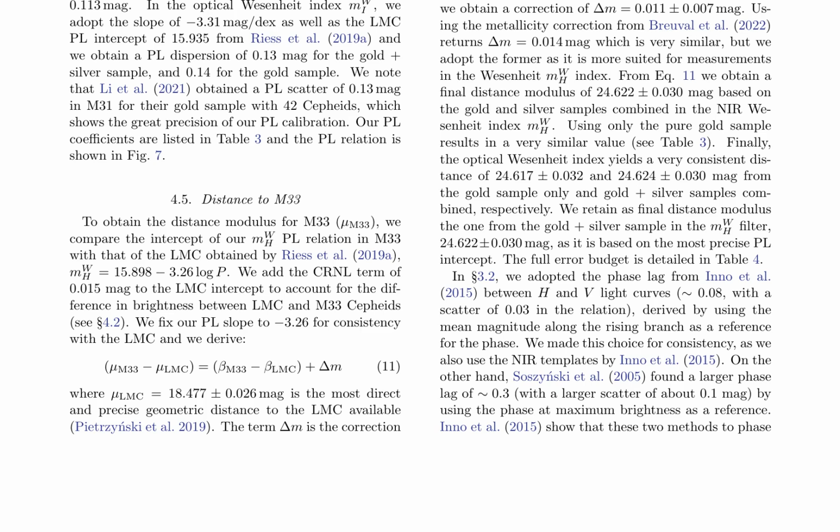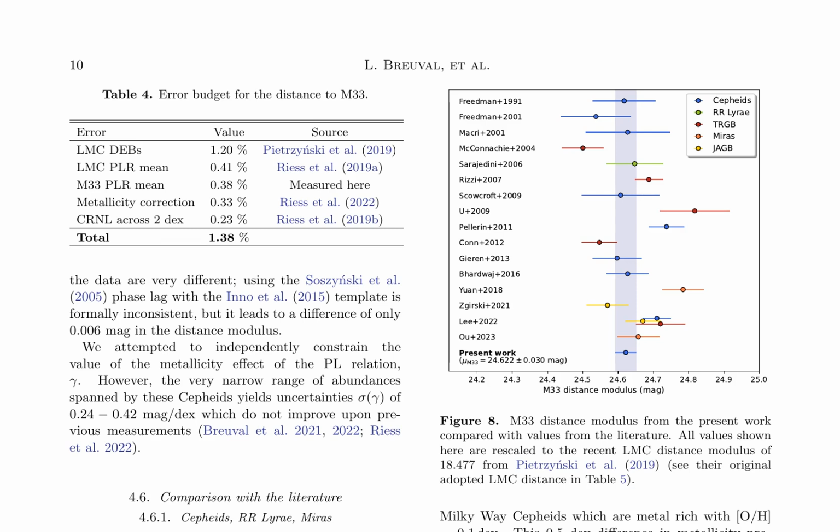The authors also derived the distance modulus for M33 by comparing the intercept of their MW_H PL relation with that of the Large Magellanic Cloud, LMC, obtained by Riess et al. 2019a. They add a correction term of 0.015 mag to the LMC intercept to account for the difference in brightness between LMC and M33 Cepheids.